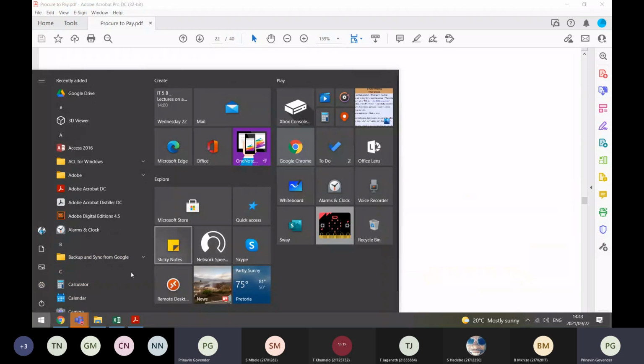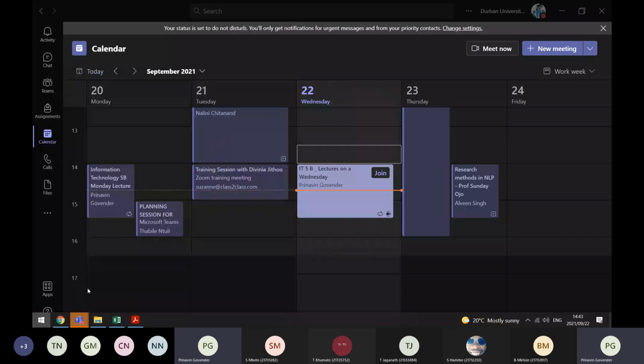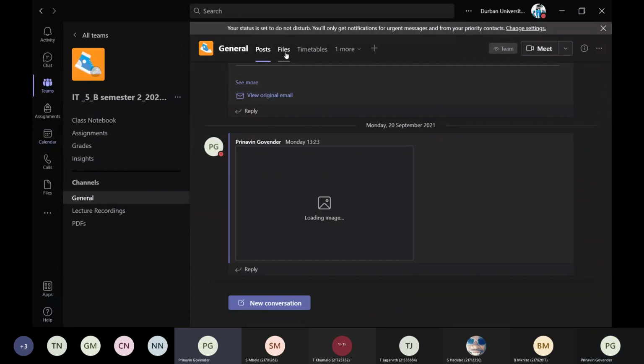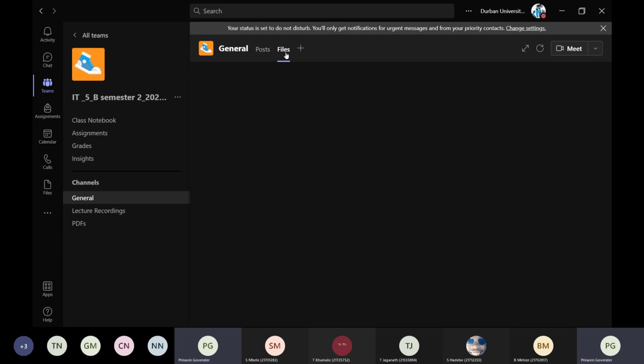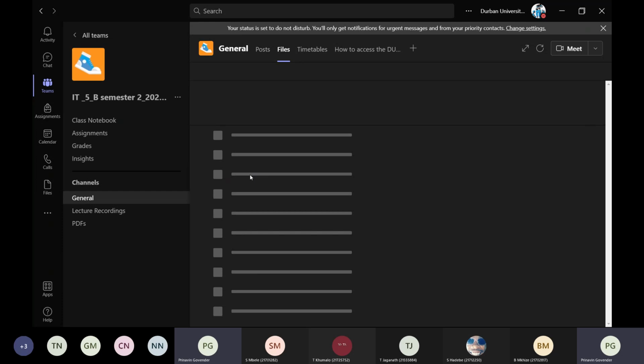Let me upload this to MS Teams. Let's go to my Teams so you see it out there. There it is under Files. Let's go under the ISIFA resources.